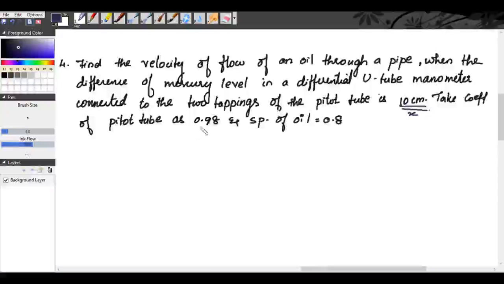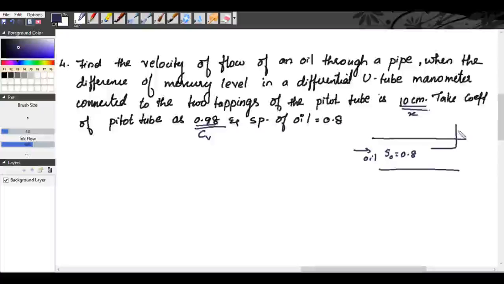Take coefficient of Pitot tube as 0.98, that means CV is equal to 0.98, and specific gravity of oil is 0.8. So oil is flowing through the pipe, right? So the flowing liquid is oil, SO is given as 0.8.